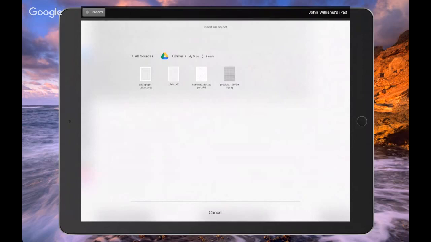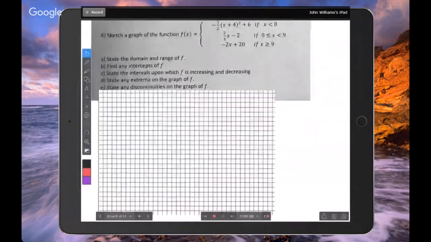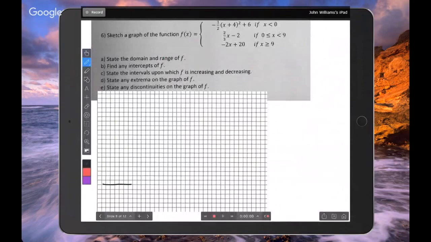Okay. There's my x-axis. And here's my y-axis.